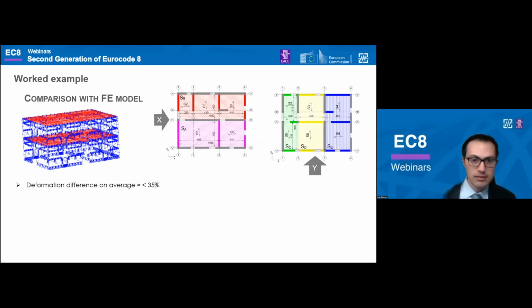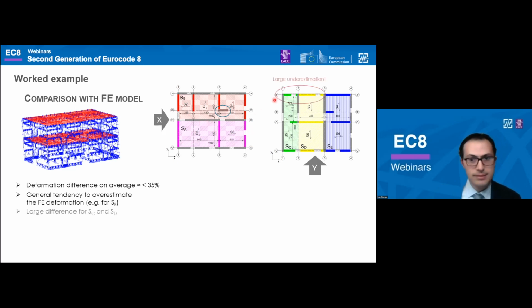And inevitably, there were some differences due to the simplifications on both sides, even though the deformation difference was on average below 35%, with a tendency of the procedure to overestimate the model deformation. In the simulation, all walls, no matter what their length, were modeled, and this resulted in smaller diaphragm deformations.